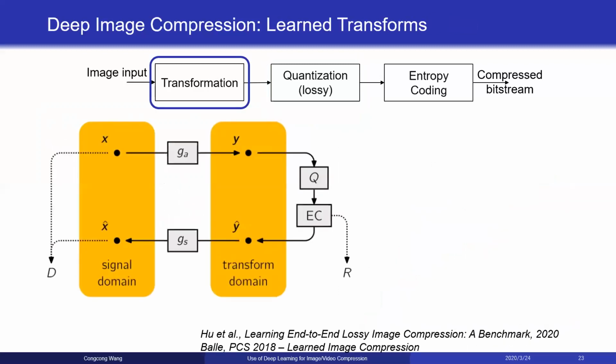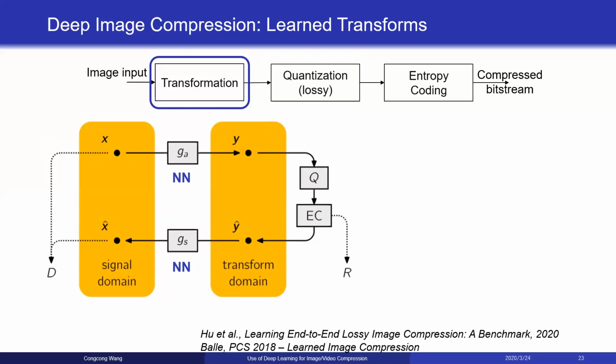There is some work trying to learn the transformation for a better latent representation of the input signal. In a classical image compression system, for example, DCT and inverse DCT are used for encoding and decoding. Now, neural networks are proposed to replace these transformations.